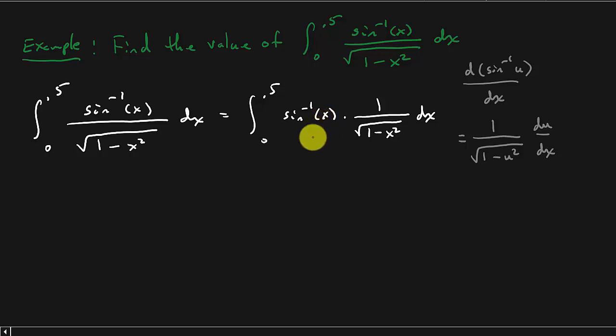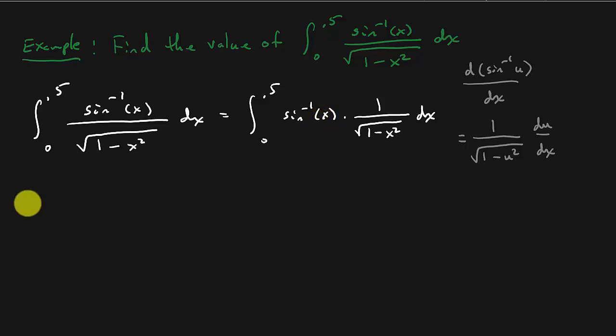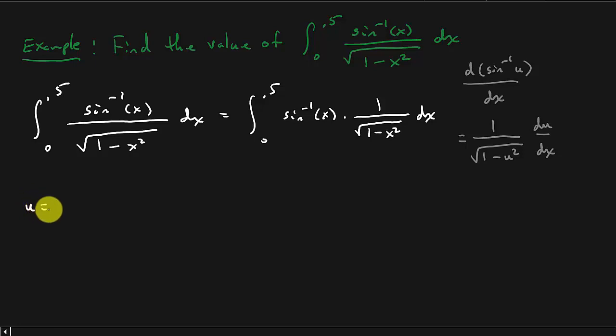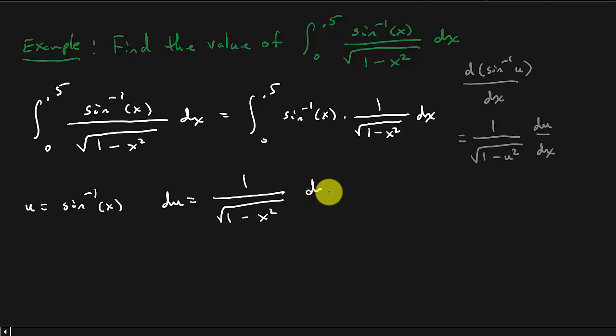All right. So let's let u equal inverse sine x. So du is 1 over the square root of 1 minus x squared times the derivative of what you're taking the inverse sine of. So the derivative of x is 1, and then dx. And so you can see I have that right here.